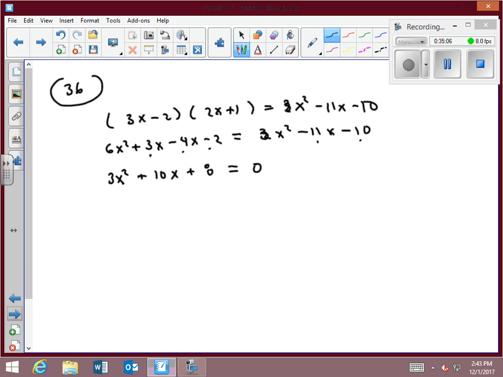So now, it's in descending order, leading term positive, 0 by itself, no common factors, right? Trinomial, not a special case, so it's a trial and error thing. So it's going to be x and x with the signs of what? Both positive, right?